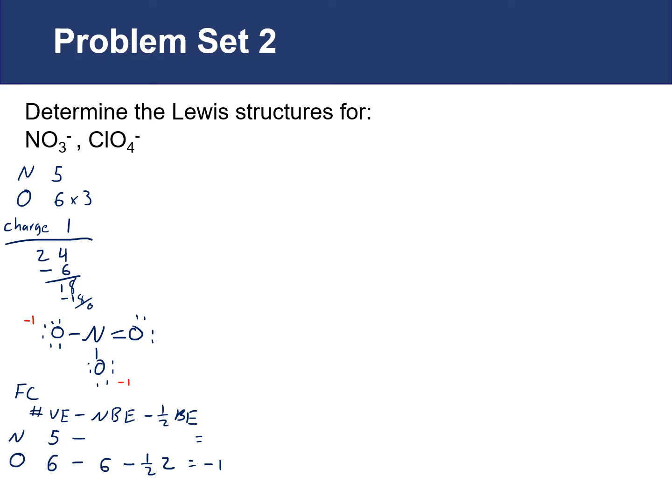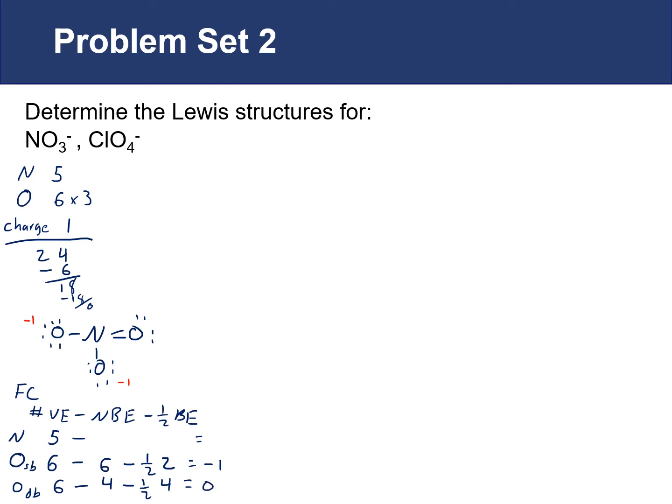And now we have an oxygen with a double bond. So we're going to sublabel the first oxygen as O-SB for single bond, and then we have O-DB for our double bond. It has 6 valence electrons minus 4 non-bonding electrons minus 1/2 of its bonding electrons. It now has a double bond, so 4 bonding electrons. This gives us a total of a 0 formal charge.